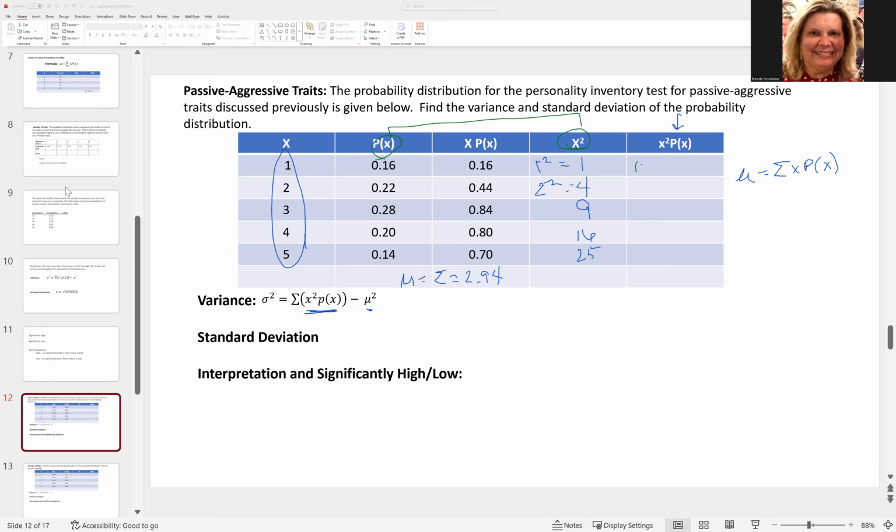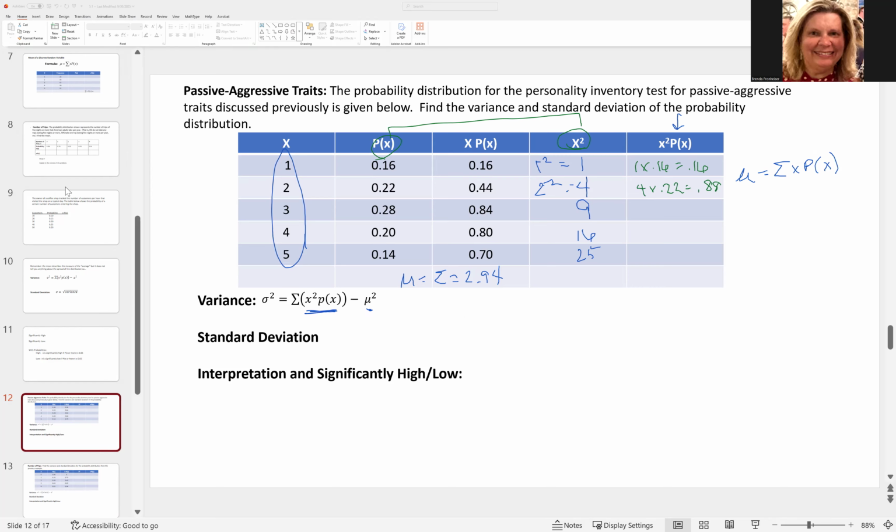So I'm doing 1 times 0.16. But then I'm doing 4 times the 0.22. It's really, really easy to do 4 times 0.44.